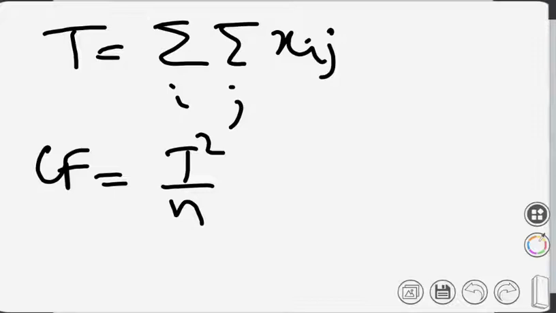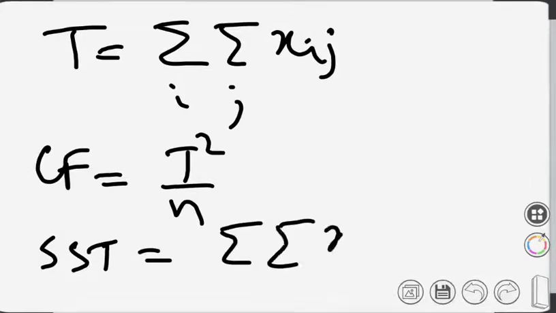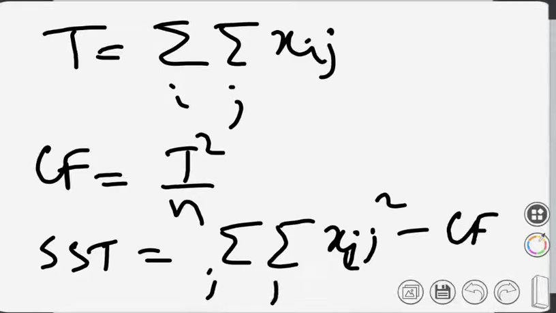Now, the next formula was SST. SST is the total sum of squares. What was the formula? Double summation Xij square minus CF. This means you have to square each value and then add, double summation.